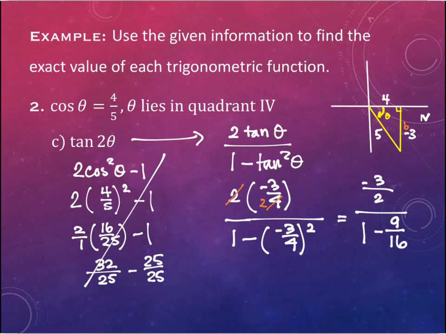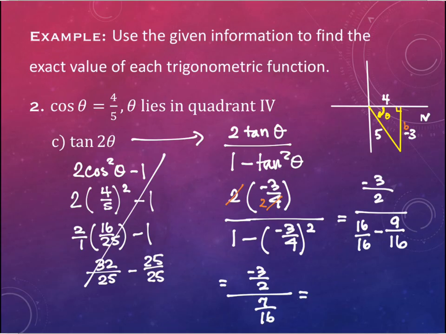Oops, there we go. All right. Okay, we tried to do this a minute ago, and I was messing up with something in my formula. But this is 16 over 16. So I have -3 over 2 over, so what is 16 minus 9? That would be 7. So this is 7 over 16.